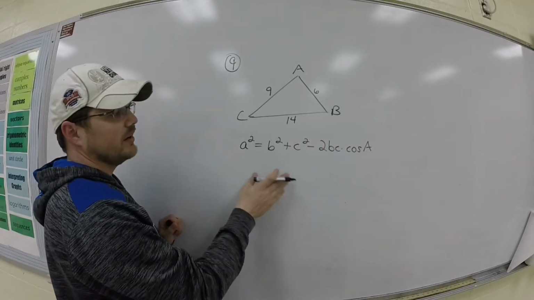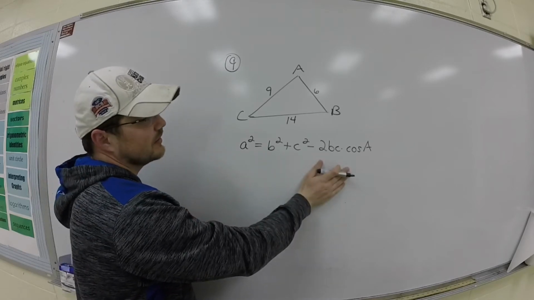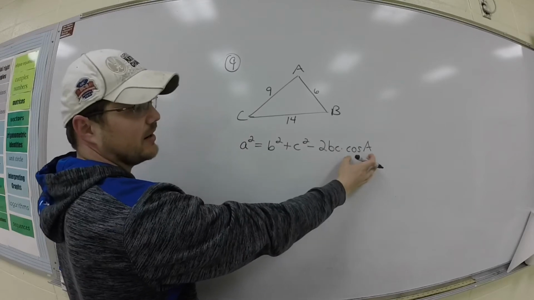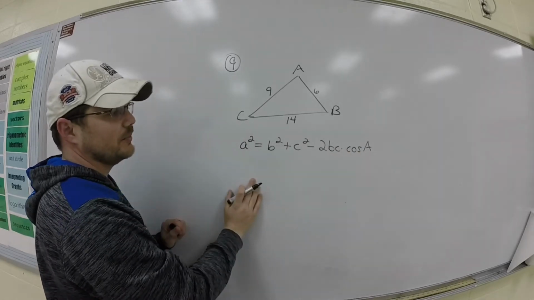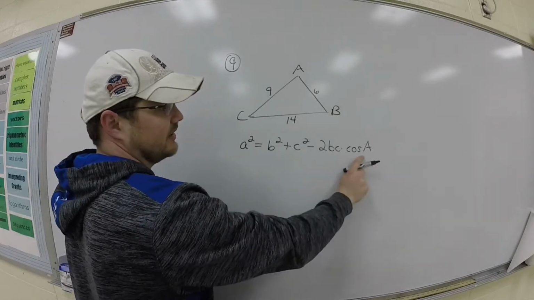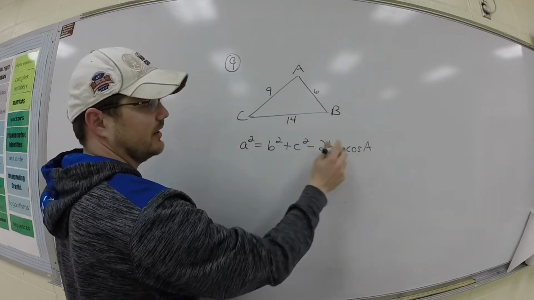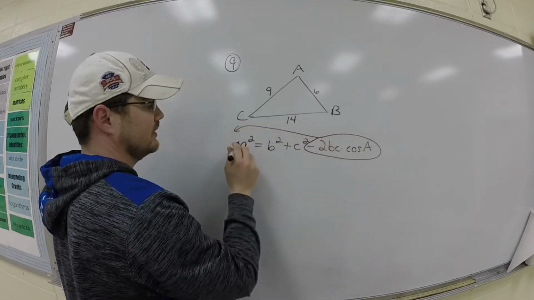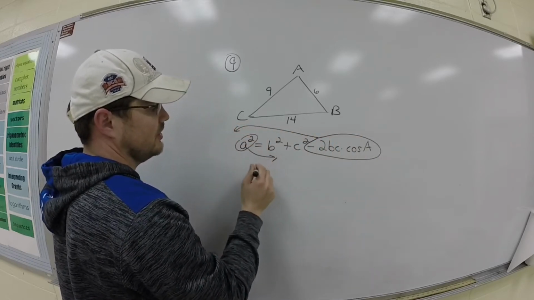Okay, before I start plugging in, let's rearrange this and get cosine A by itself. And so what I'm going to do, this is one term, this is a negative term. I need a positive cosine A term, so I'm going to take this term over, chunk it, take this and chunk it over here.